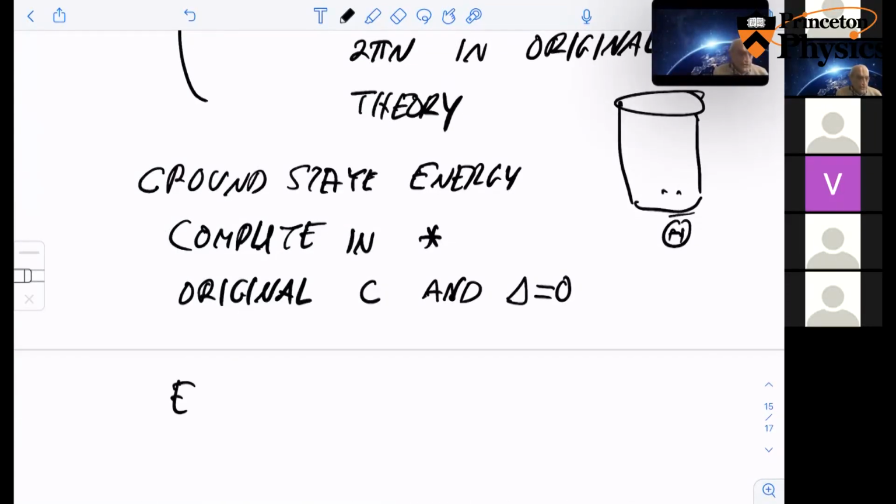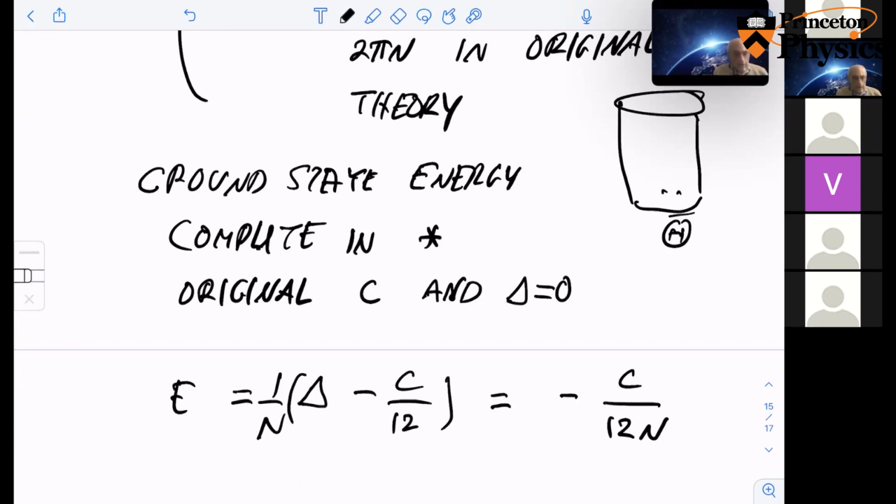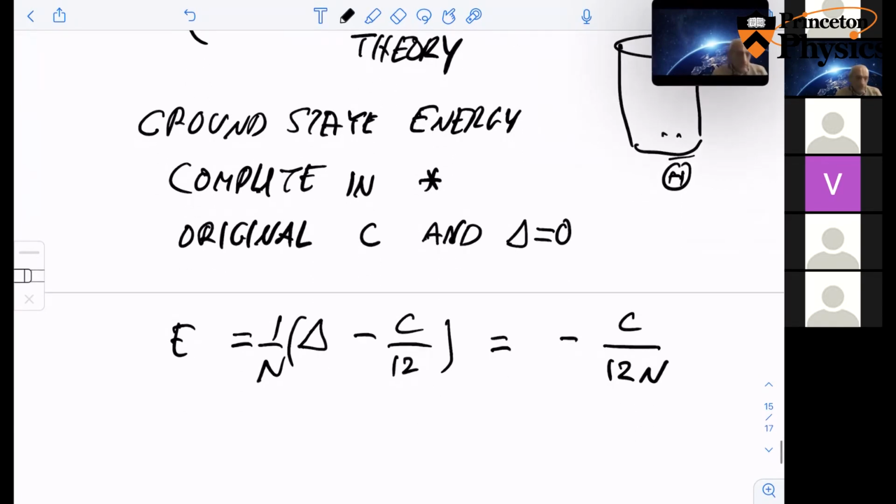So the energy is 1 over n times delta minus C over 12n. So that was the computation in the original theory on a big circle.